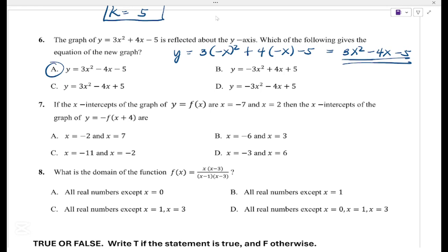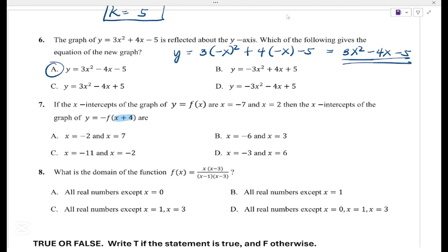Then for number 7, the x-intercepts of the graph of y equal to f of x are negative 7 and 2. So these are the x values, or the x-intercepts. Then the x-intercepts of y equal to negative f of x plus 4 are... So here, let's analyze the transformation. When you see x plus 4, we have to shift 4 units to the left.